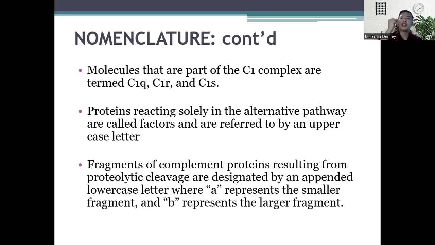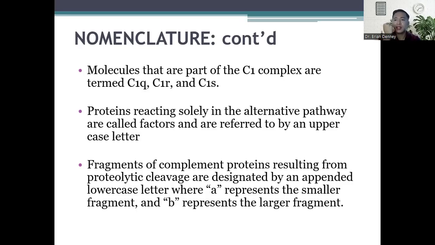Now, they circulate as zymogens, meaning they are inactive. But for them to be activated, they undergo proteolytic cleavage or proteolysis. Proteolysis: protein slices, breaking down.